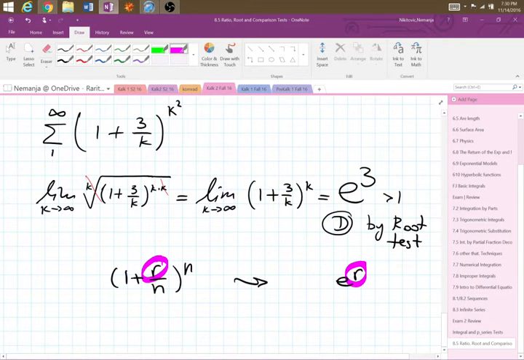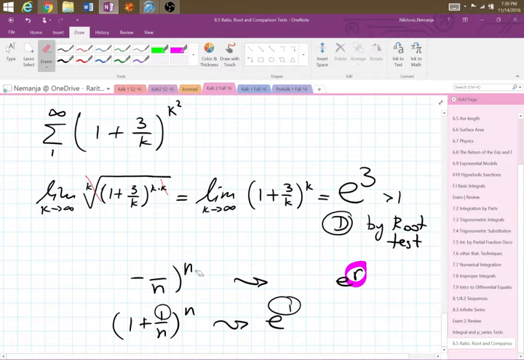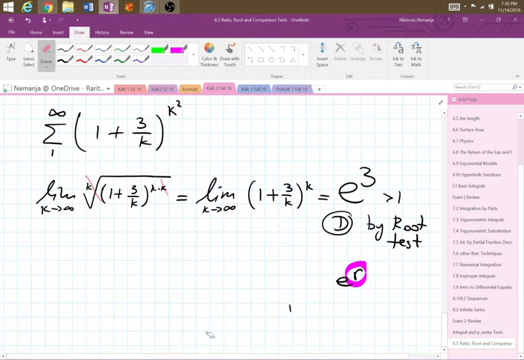You also know, hopefully, that 1 plus 1 over n to the n is e to the 1. Are we all green on this? Yeah. Excellent.